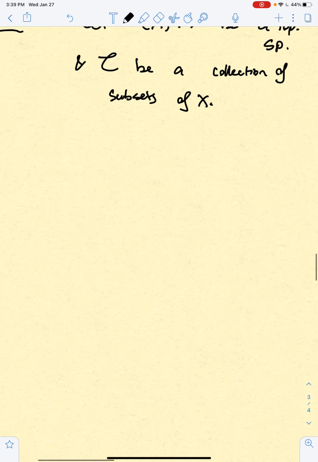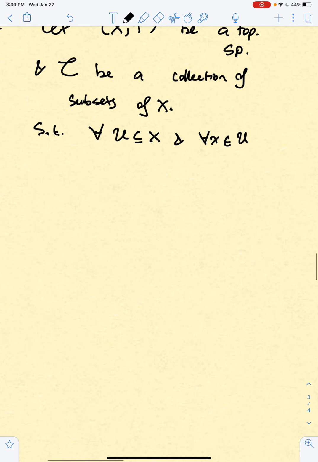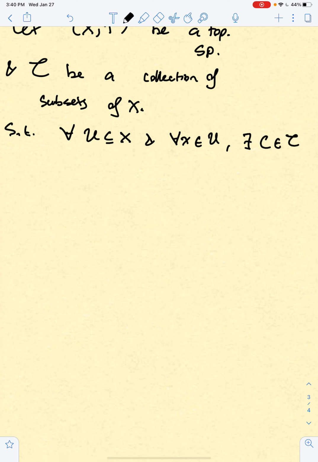So this is a collection of subsets such that for all opens U in X, and for all points x in U, there exists some element, say C in script C, such that x is in C, which is a subset of U. So again, this is the exact same local criterion that we've been looking at a few times now.